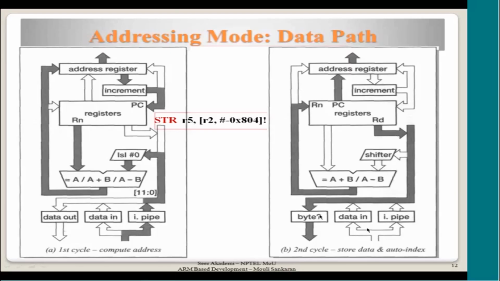So this will be opened up. The data which comes in from the memory will come through this, and now you see there is no other path, so it has to come to the shifter and then be written into this value. Okay, so that's the way data in happens for a load.